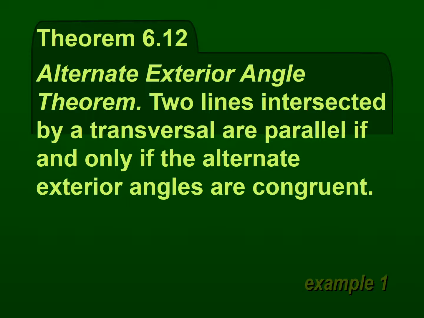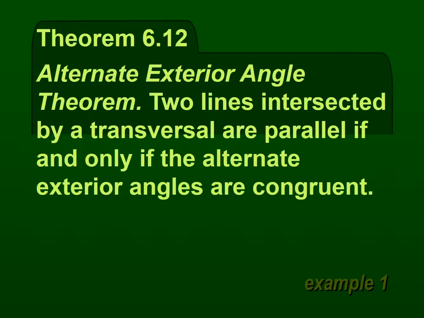We also have a theorem that is called the alternate exterior theorem, which is very similar to the parallel postulate. It just says two lines intersected by a transversal are parallel if and only if alternate exterior angles are congruent. So remember, the parallel postulate had alternate interior angles, and then the theorem is if you have the exterior angles.